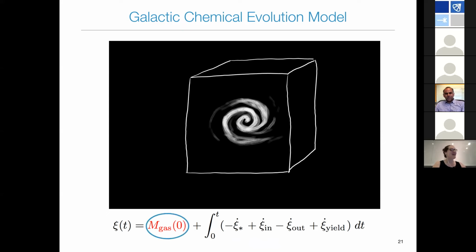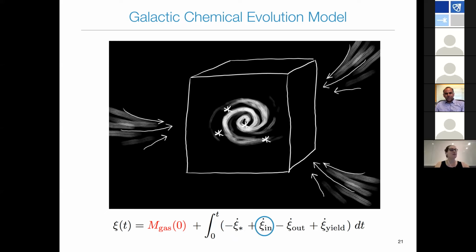And so our model tracks the total gas mass of the galaxy as a function of time. We start out with a free parameter to define the initial gas mass of the galaxy. Then we have stars form out of that gas using the Kennicutt-Schmidt law.